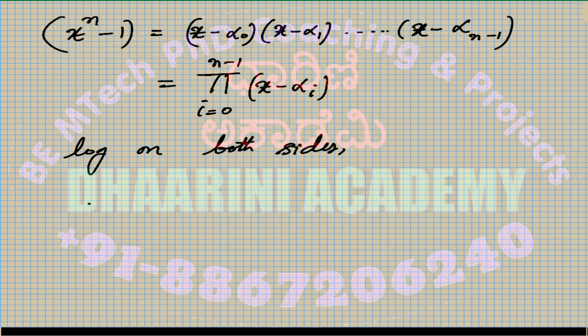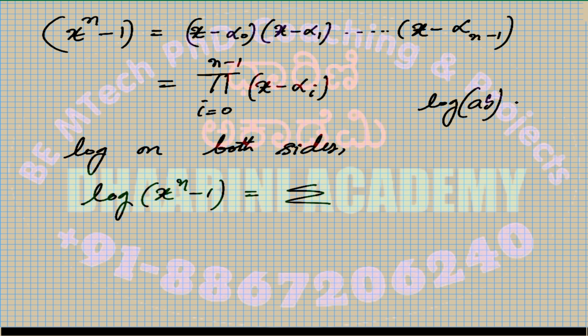We are going to get log of x to the n minus 1 on the left hand side, which should be equal to a summation. See, the product becomes a sum when you take log, right? Log of AB is log A plus log B, correct?